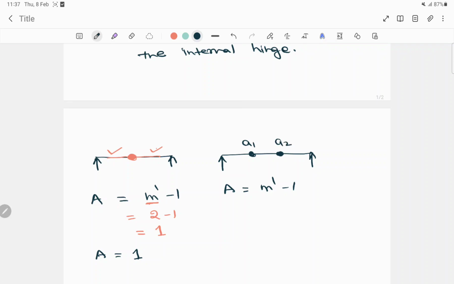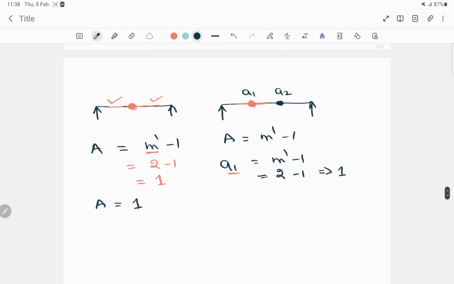Okay, so now for A1 we have the formula m dash minus 1, and m dash is nothing but the number of members connected with this particular hinge. Now we are finding for A1, so we have to see only for this case. For this case 2 members are connected with this hinge, so the m dash value will be 2 minus 1, it will be 1.